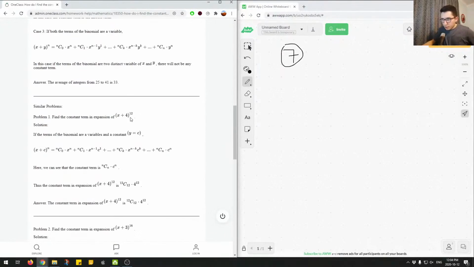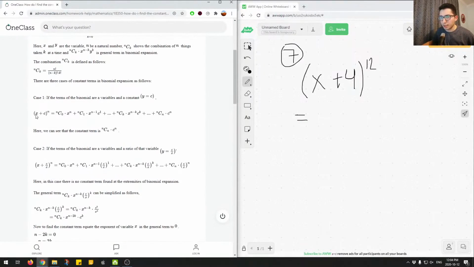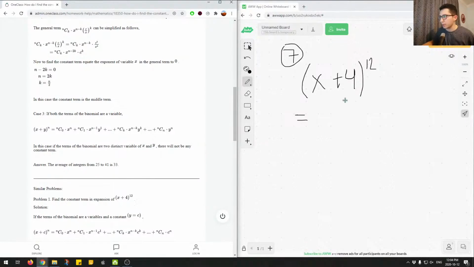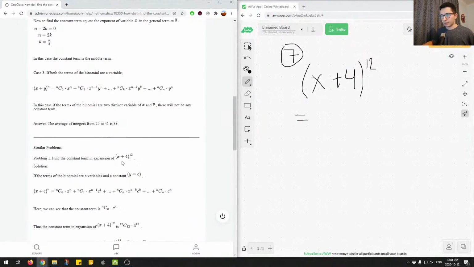In the first scenario, we have x plus 4 to the power of 12. So let's go through this. The simple way to think about it is to think of the three cases. Which one does it apply to? The first case is what we're looking at. When y equals a constant, in our scenario, x plus 4, 4 is a constant. So we want to find the final term, and we can find this easily by just taking 4 to the power of 12.